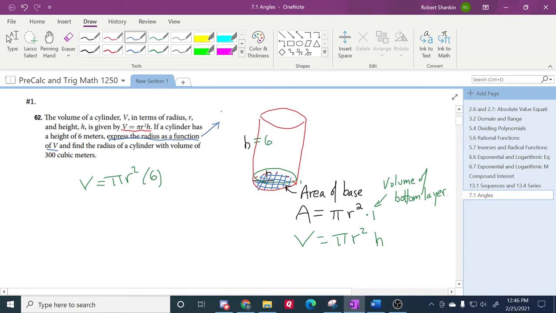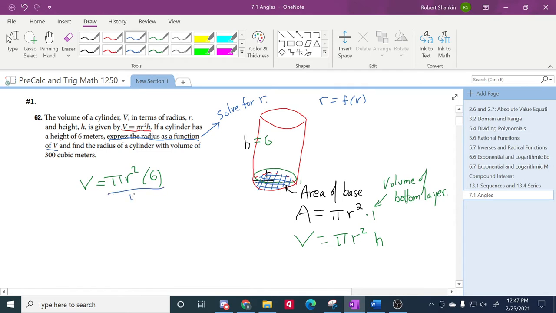What that really means is solve for r. So r is going to be alone on the left-hand side. This is the volume as a function of the radius and the height. So this is going to be the radius as a function. So it's going to be like r equals f of v. So the v is going to have things acting on it. Okay. So we just take this thing and we solve for r.